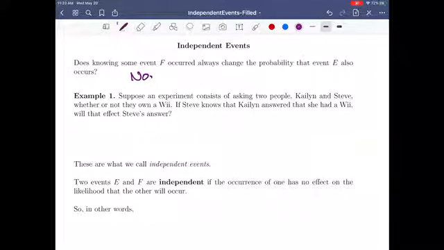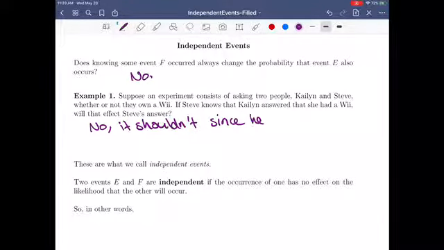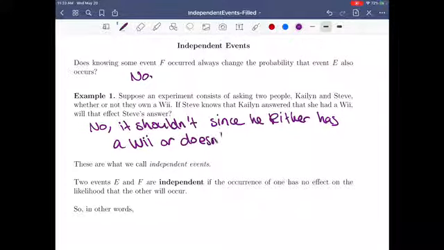Well, it shouldn't if he's telling the truth, since he either has a Wii or doesn't. His answer to this question should already be determined. It shouldn't matter what Kaylin answers. He already knows his answer. So these events, them answering whether or not they have a Wii, are independent from each other.